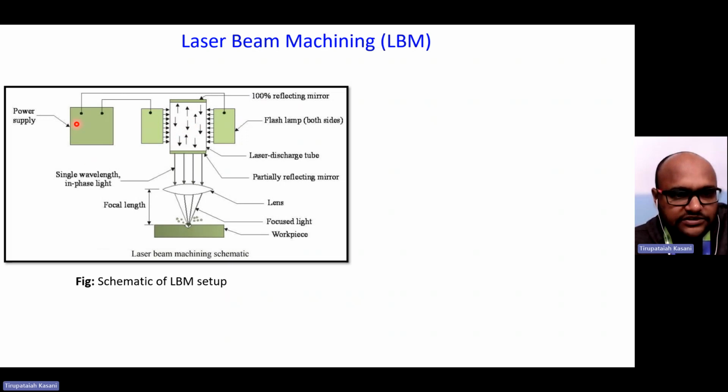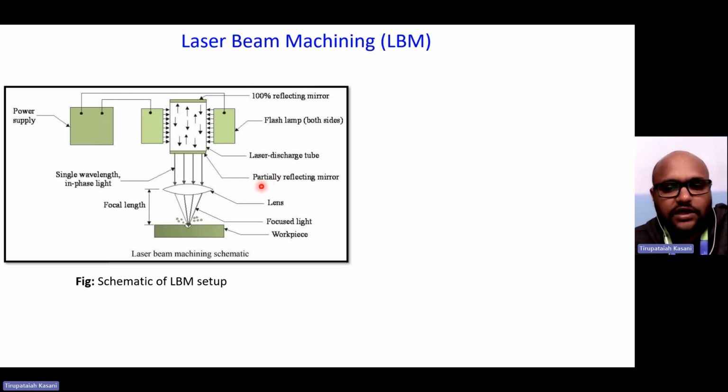Whenever the power supply is on, due to the flash lamp on both sides of this lasing medium with the 100% reflecting mirror and partially reflecting mirror, the lasing medium gets activated, and due to continuous collisions of the light, a monochromatic laser beam is developed. It emerges out from the partially reflecting mirror and not from the 100% reflecting mirror.